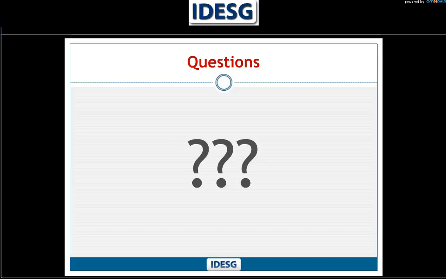I'll pause again for just a moment and see whether anyone has additional questions before we move on to the next item. I see someone typing, so I will wait for a moment.